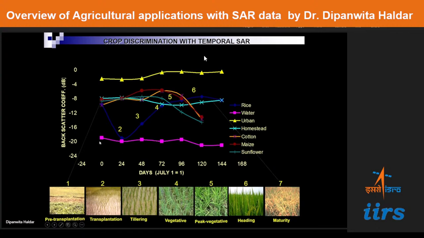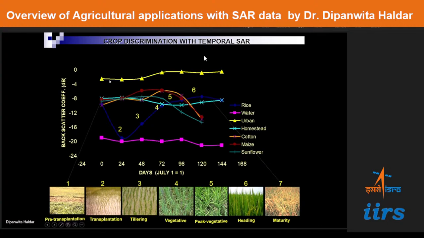Vis-a-vis, if you see the permanent water bodies, either the river or other features, waterlogged areas, they will have a low backscatter throughout. So this magenta line, across all the dates of acquisition, will have a low backscatter. On the contrary, urban areas will have high backscatter in all the dates due to dihedral scattering.